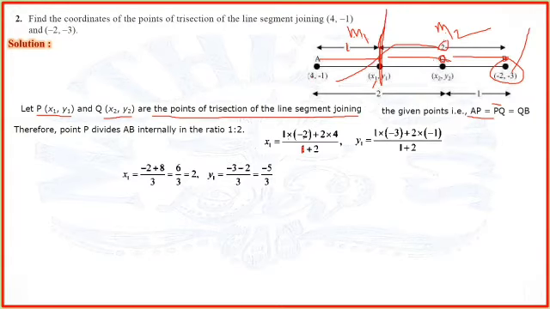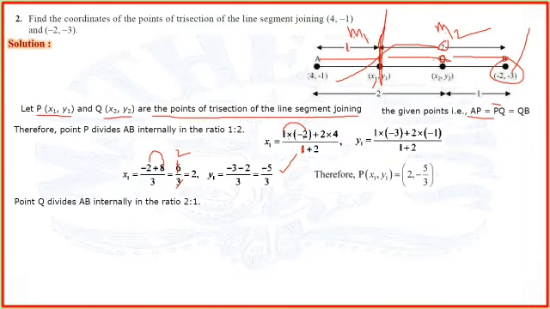For x1 this gives minus 2 plus 8 upon 3. 8 minus 2 is 6, 6 upon 3 is 2. Similarly y1 is minus 3 minus 2, which is minus 5 upon 3. So these are the coordinates of point P: (2, -5/3).